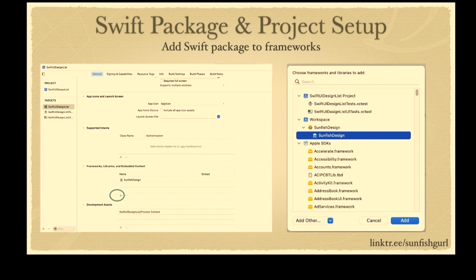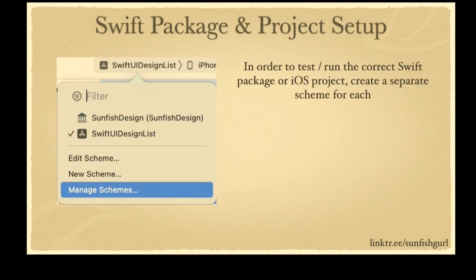Okay, so next you want to add your Swift package to your frameworks. You do that by selecting your workspace in the targets list, and in the general window, tap on the plus sign under frameworks. Select your Swift package in the frameworks window, and if you do this correctly, your Swift package should now appear in your list of frameworks.